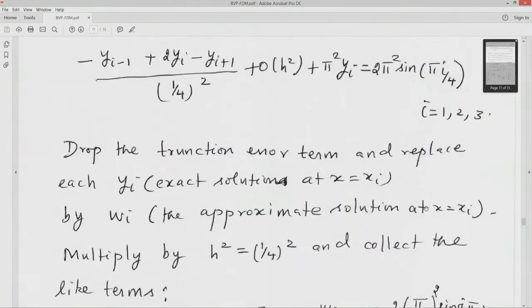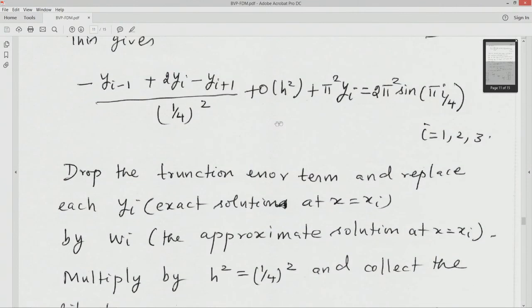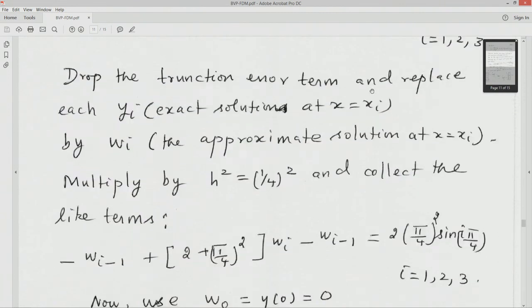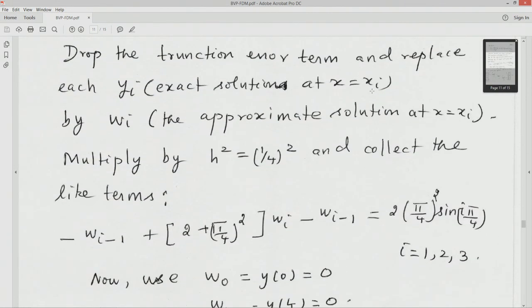What should we do then? Next step is to drop this truncation error term and replace each of the exact solution y i at these interior points by the corresponding approximate solution w i.